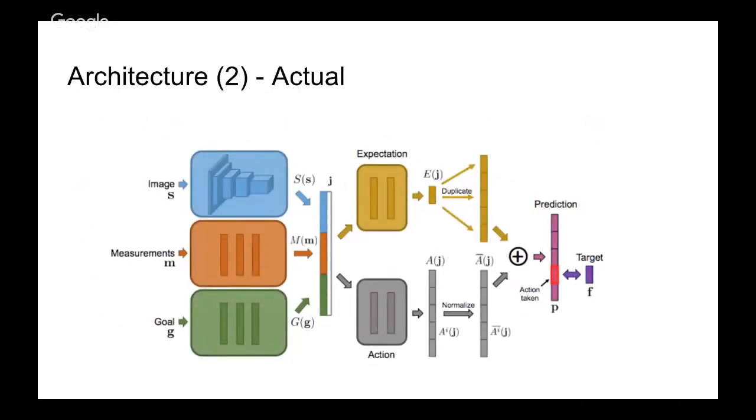I guess the action is just a discrete action, so it's easy to just take the argmax. Right, same as in DQN for the Atari DQN. So this is the actual architecture that they describe in the paper.